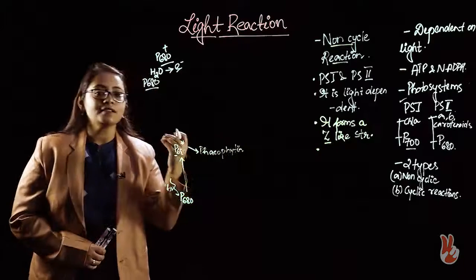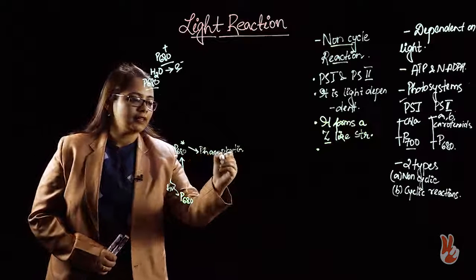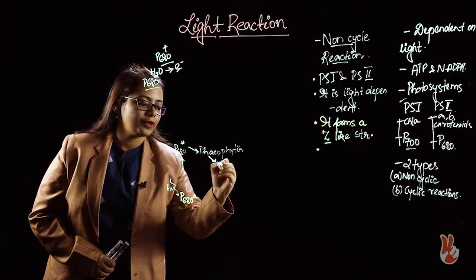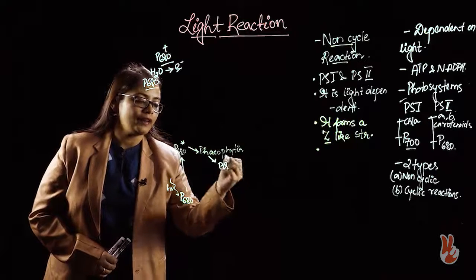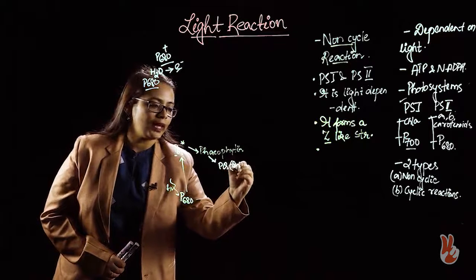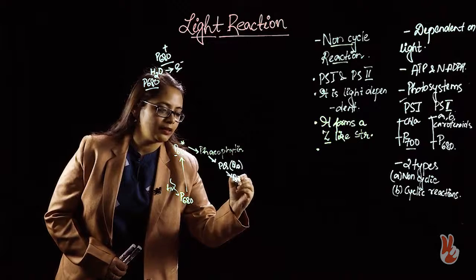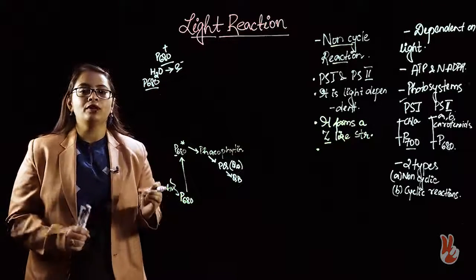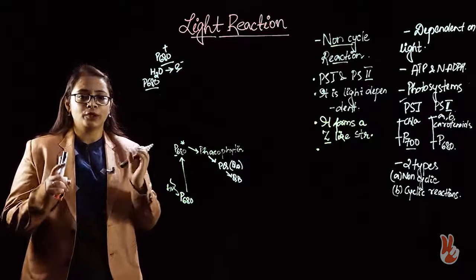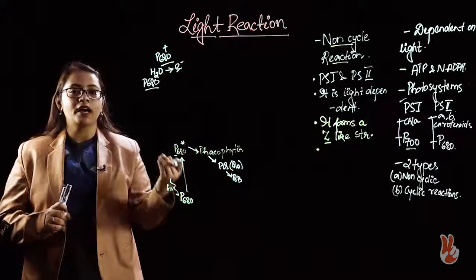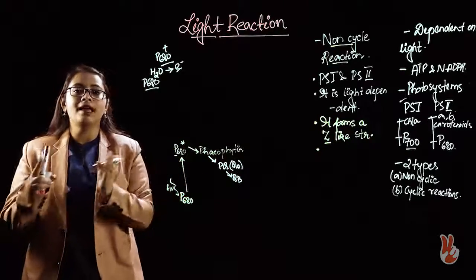Now, the pheophytin will in turn give its electron to plastoquinone, or we have Qa and Qb. Plastoquinone contains two types of quinone molecules, that is Qa and Qb. So the electron transfer will occur stepwise, first to Qa and then Qb.